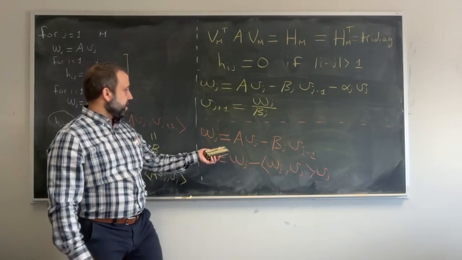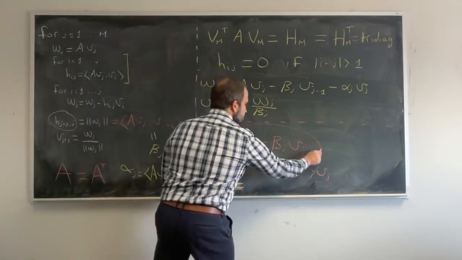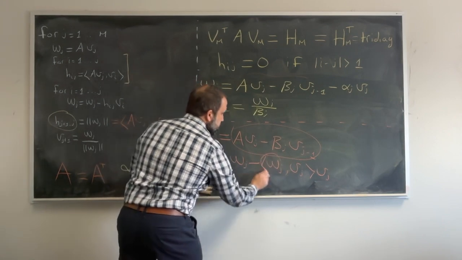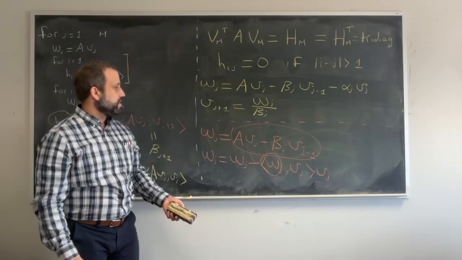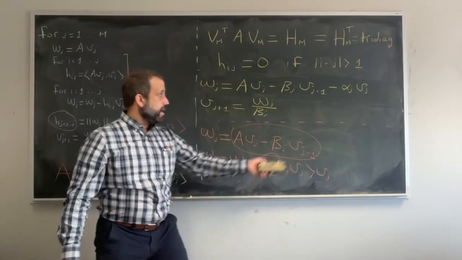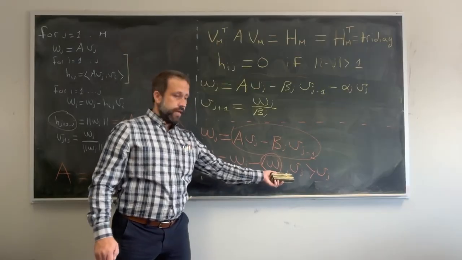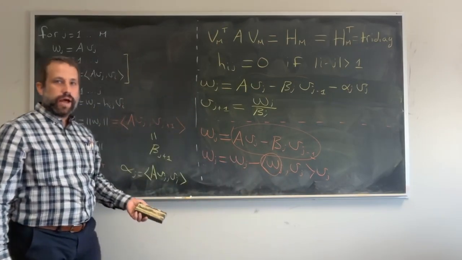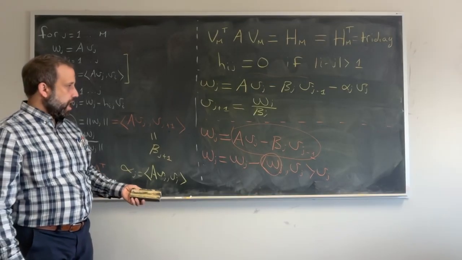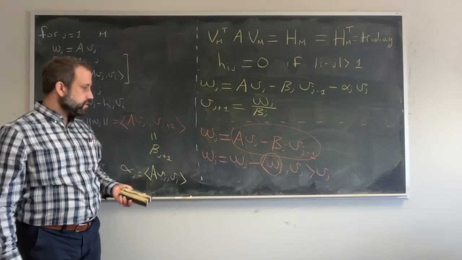Well, if you imagine taking this whole thing and plugging it into that Wj, you're going to have A Vj, Vj. That's going to give you the alpha j Vj, but notice Vj plus 1 and Vj are orthogonal. So that inner product is going to be equal to 0, at least mathematically. That's what happens.